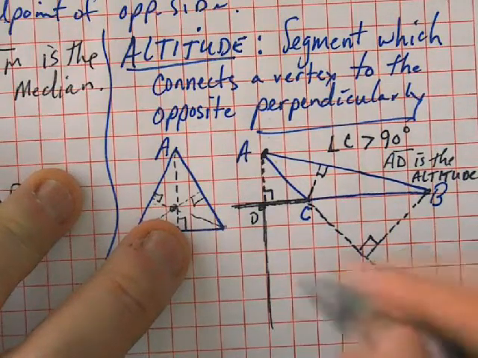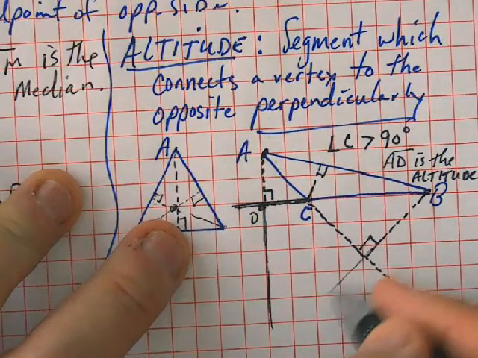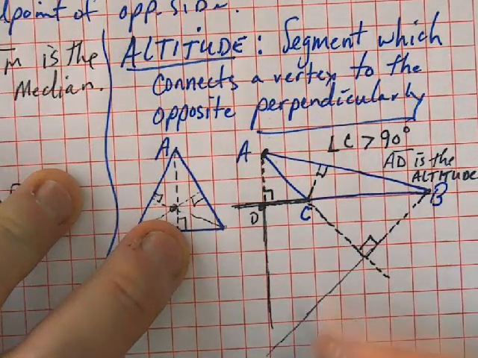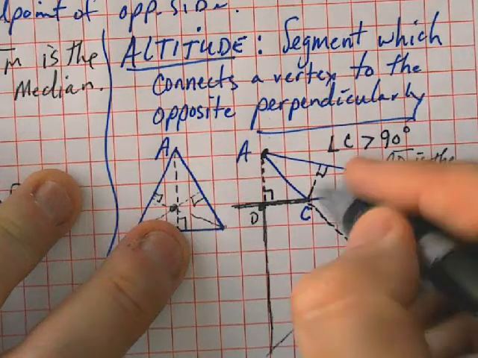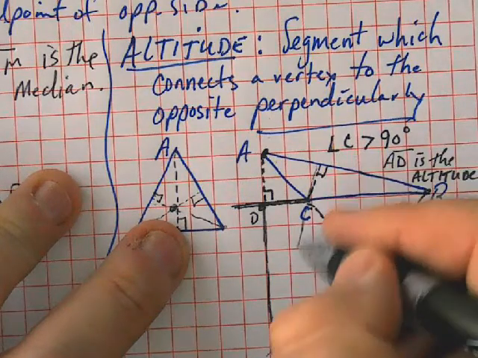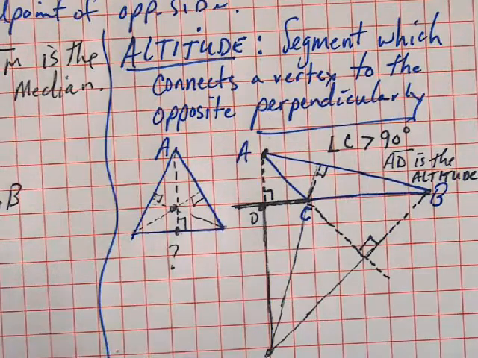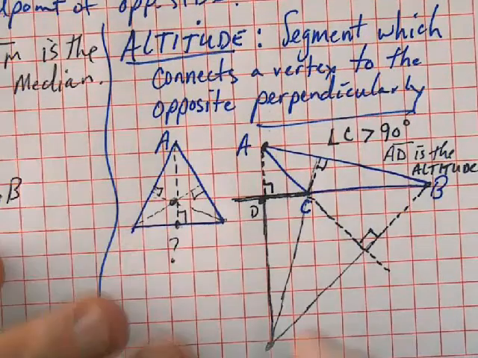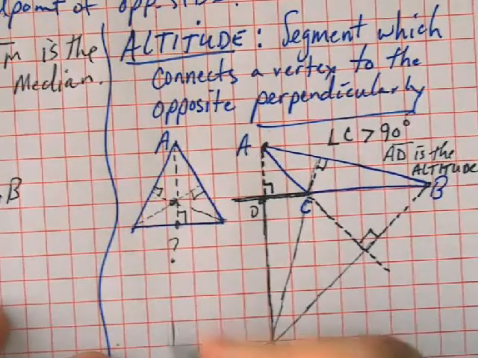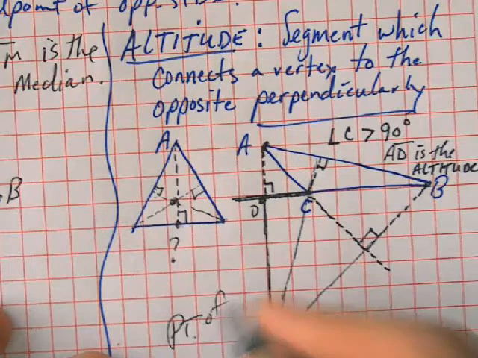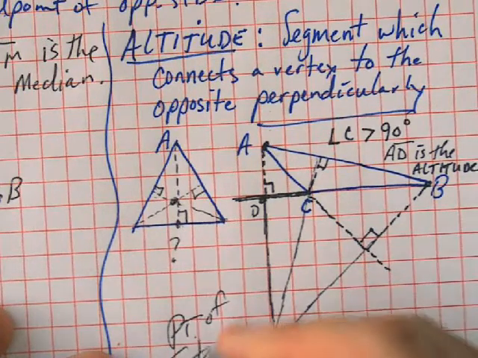If I extend them, guess what? They all intersect. Now, it's harder to see, but they all intersect. I think that is so cool. Point of intersection still.